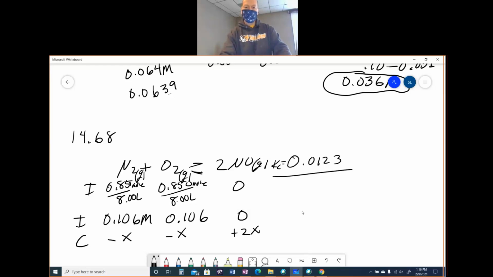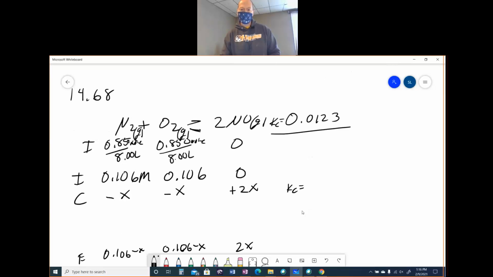And so at equilibrium, we have 0.106 minus x, 0.106 minus x, and 2x. You write your expression for your Kc, and you have your NO squared over N2 O2. And you plug it in.